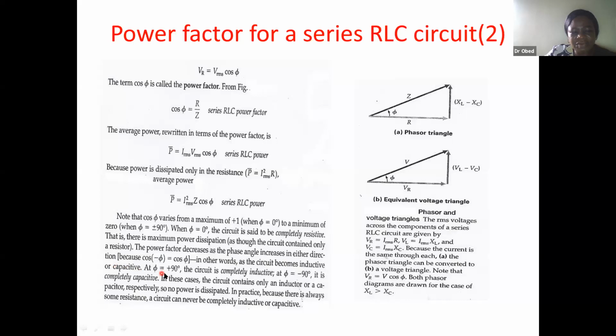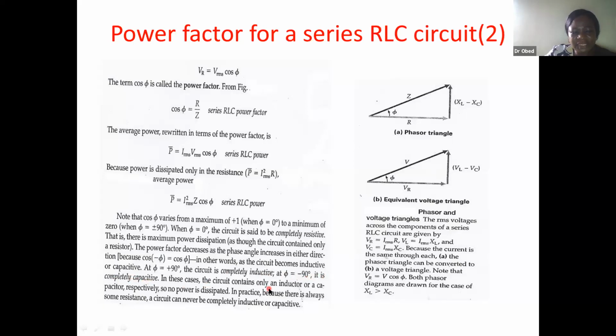So at phi equals plus 90 degrees, the circuit is completely inductive. Take note that when phi is equal to 0 degrees, the circuit is completely resistive. But at phi equals plus 90 degrees, the circuit is completely inductive. And at phi equals minus 90 degrees, it is completely capacitive.